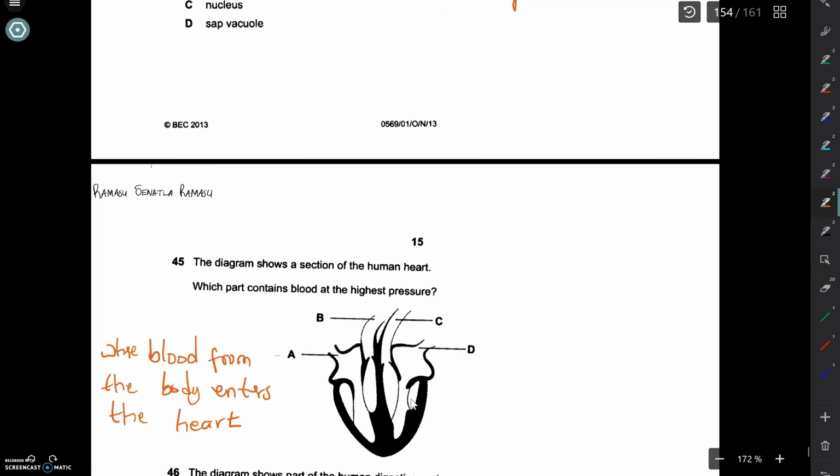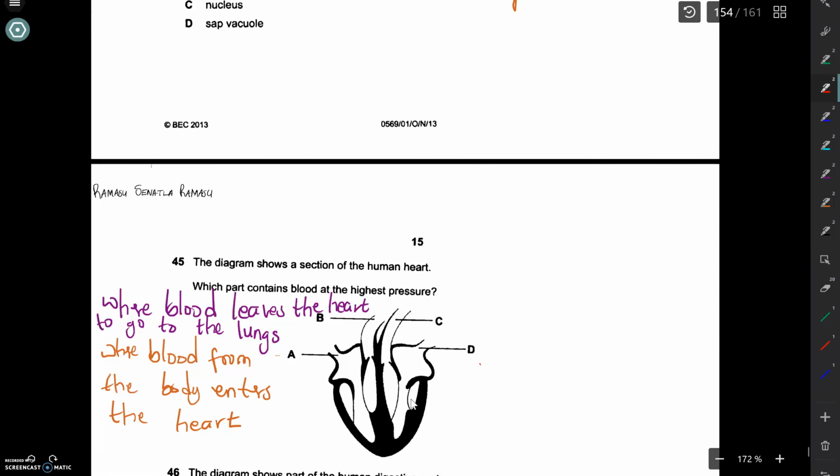B is where blood leaves the heart to go to the lungs, right? Part C, or let's do part D first.